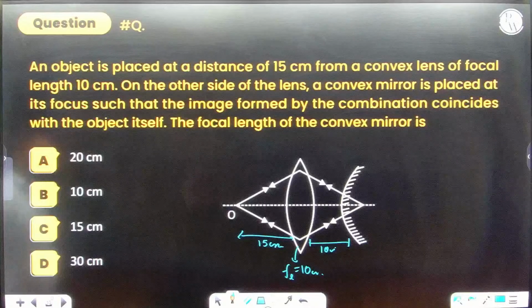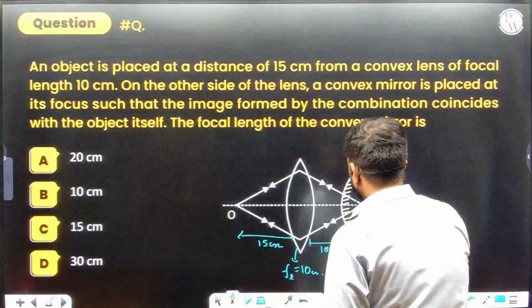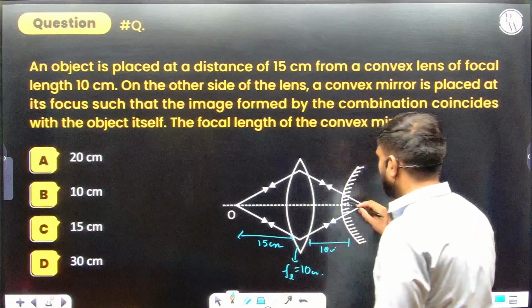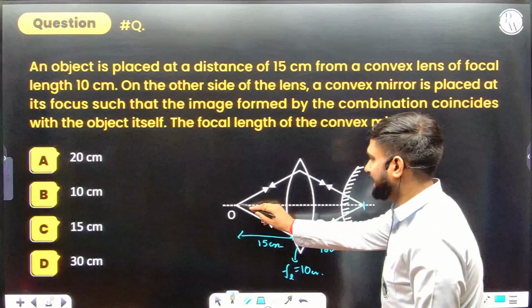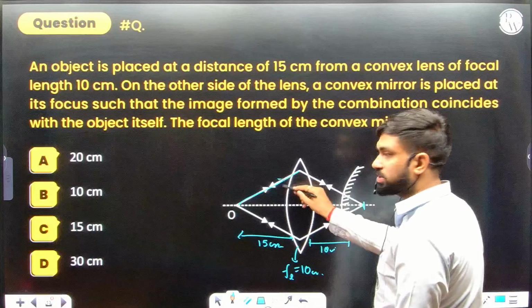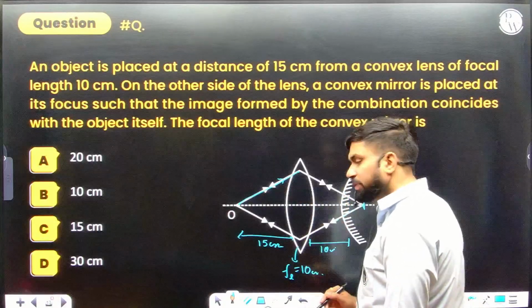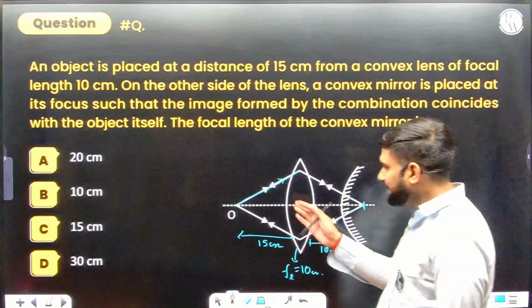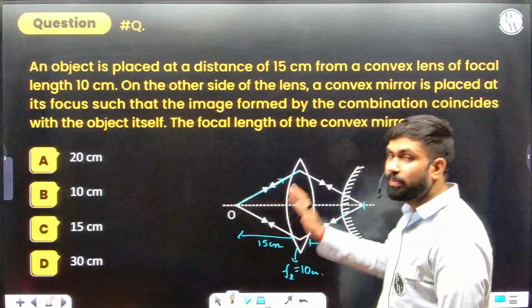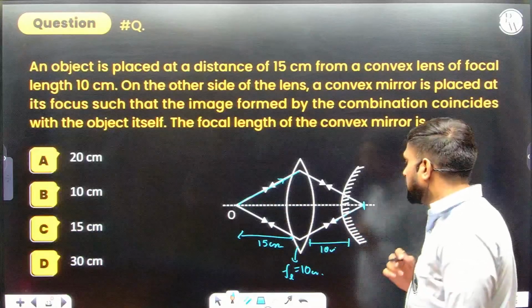The focal length of the convex mirror is? If this was supposed to be the intermediate image, right or not? The ray starts from here. Let's first look in the forward direction. It is located at 15 centimeters, between f and 2f, so the image will be beyond 2f, more than 20 centimeters.